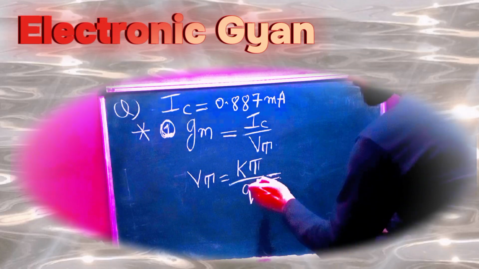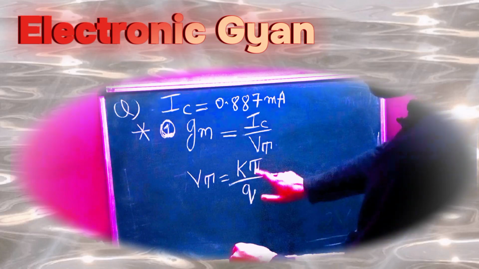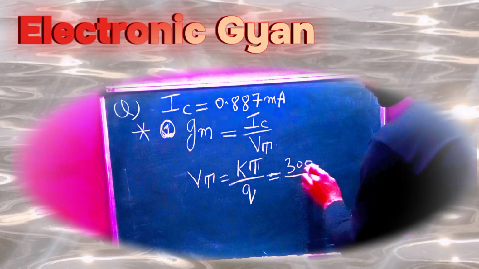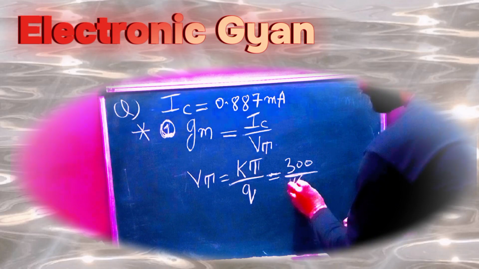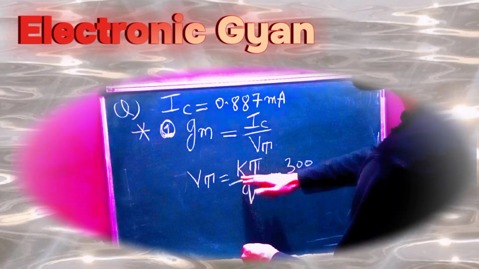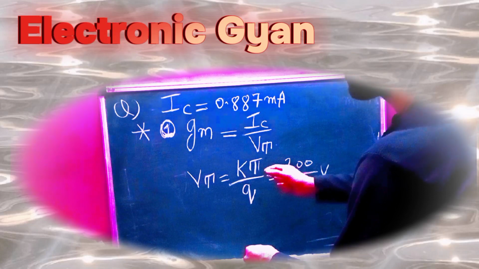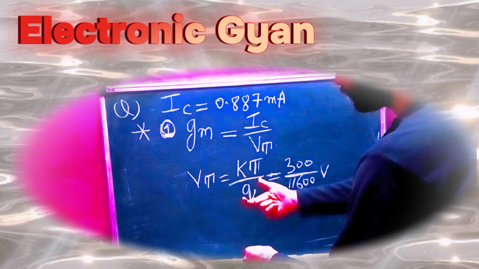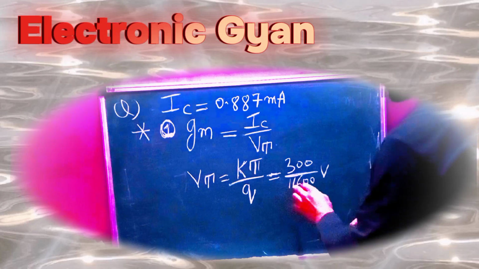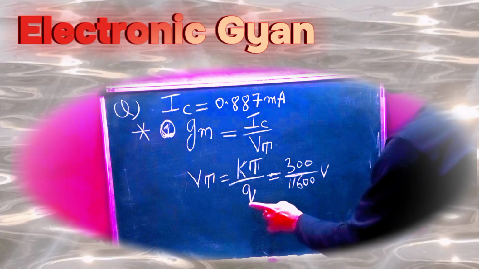When we convert this kT by q, at room temperature it is nothing but 300 divided by 11,600 volt. When we put the Boltzmann constant value and charge value, and convert this into electron volt, this much value will come when we calculate both the Boltzmann constant and the charge value.